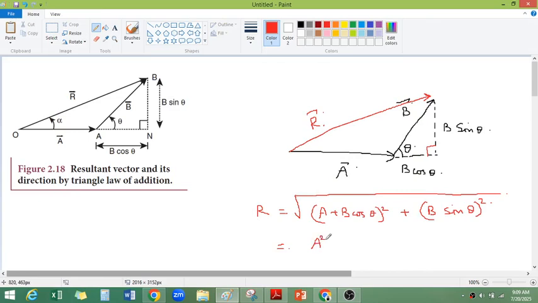So take this as a squared plus b squared cos squared theta plus 2ab cos theta plus b squared sin squared theta.